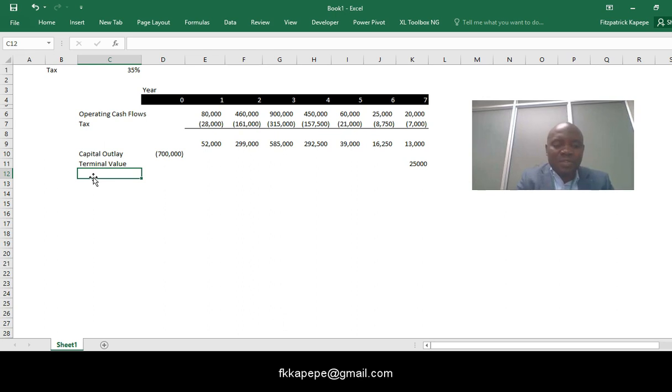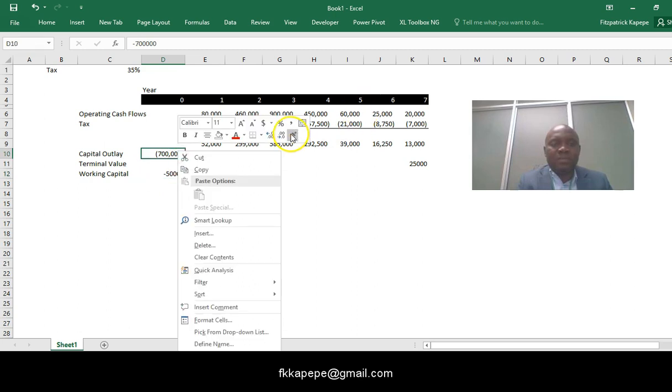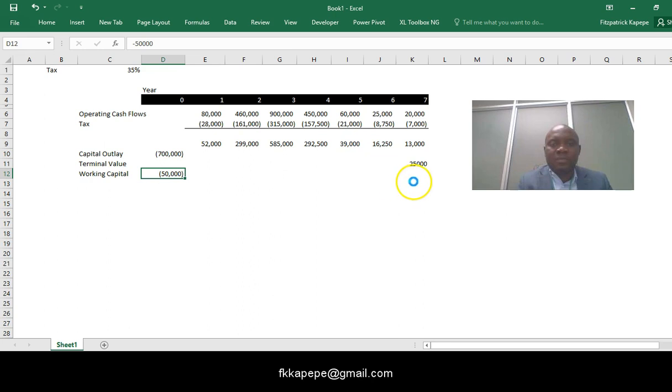Then you've also invested in working capital. The first year, you've invested in about, start with just 50,000. Which will be released in the last year. You can decide, it could be the 3rd, 4th, whatever.